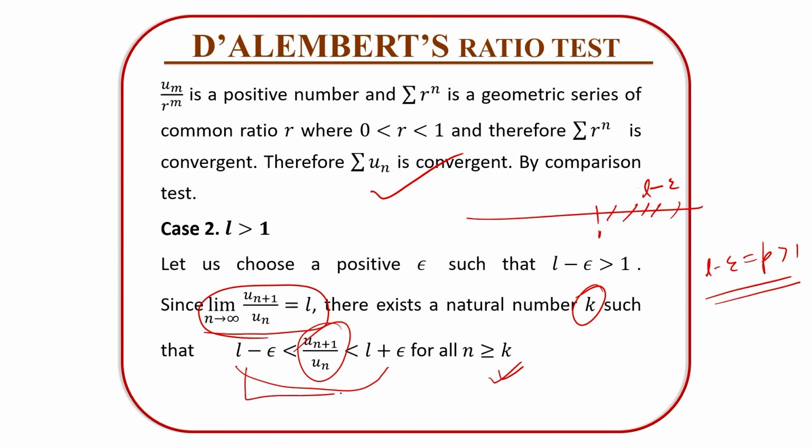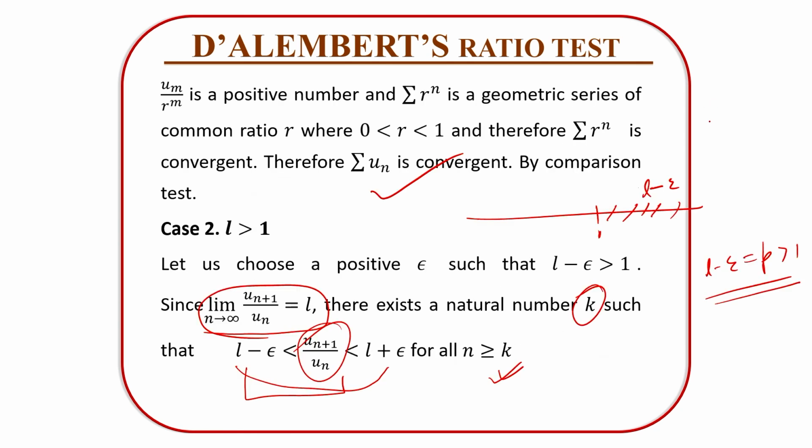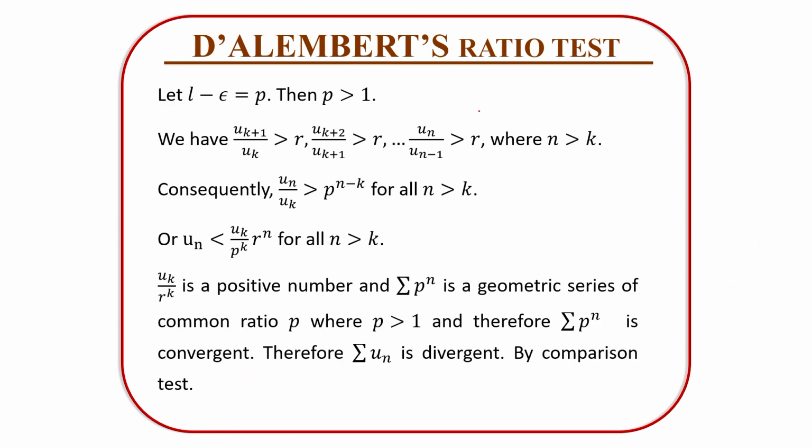Now use the left hand side of that inequality. The inequality says L minus epsilon is less than u(n+1) divided by u(n), and L minus epsilon is nothing but p. So p is less than u(n+1) divided by u(n), right?